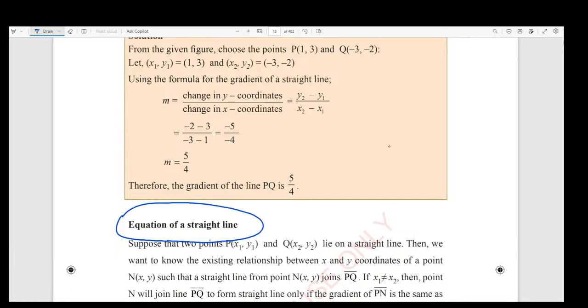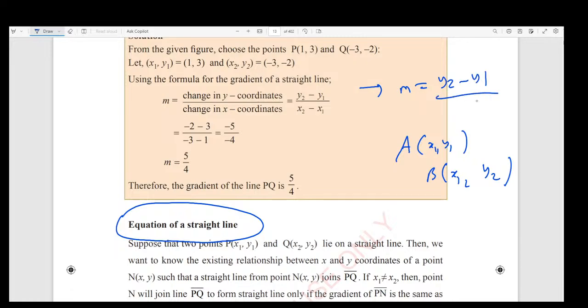As long as you have 2 points, let it be point A, x1, y1, and point B, x2, y2, you are in position to find the slope or the gradient, which is y2 minus y1 over x2 minus x1, or you could say that the gradient is y1 minus y2 over x1 minus x2.